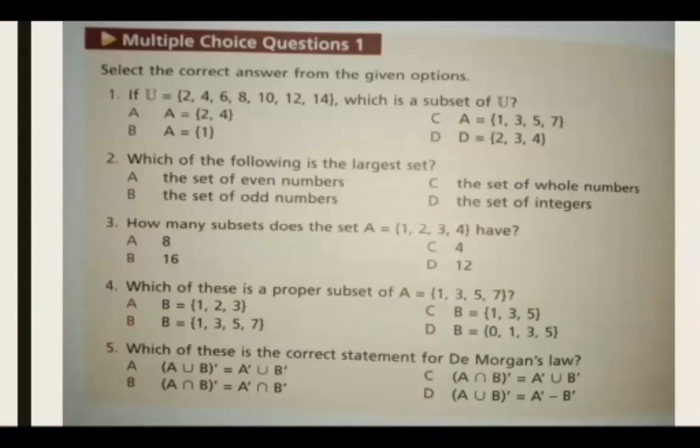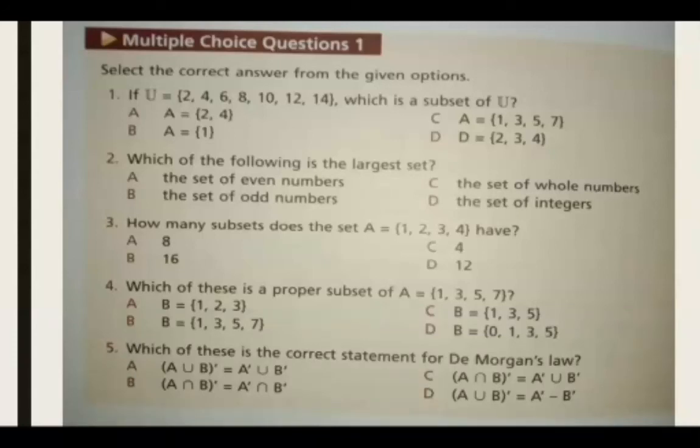In statement 5, we have to tell which is De Morgan's law. You know what De Morgan's law is? Check the options. Here in option A, (A union B) whole complement is equal to A complement union B complement. As you can see, there is the same symbol on both sides, so this is not the right answer.